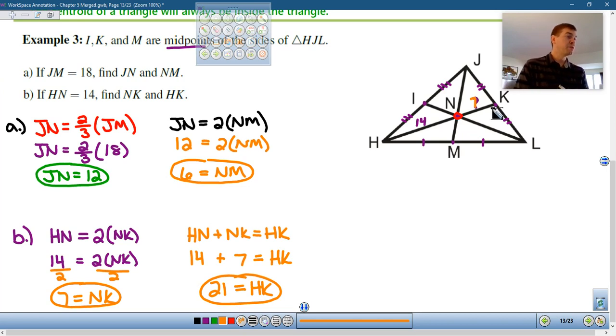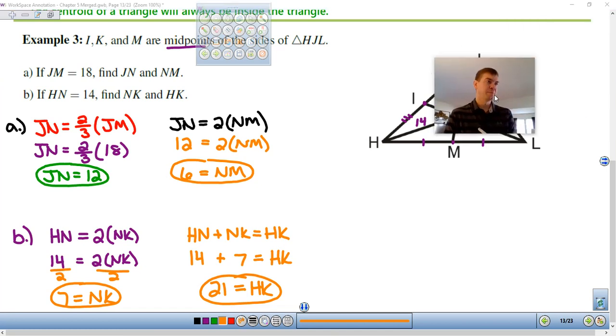If NK is 1/3, that means I would multiply it by 3 to find HK. So 7 times 3 is 21. You could also do, if HN is 2/3, you could multiply by the reciprocal 3/2 to find out what HK is. But that probably wouldn't have been the most simple way to do that.